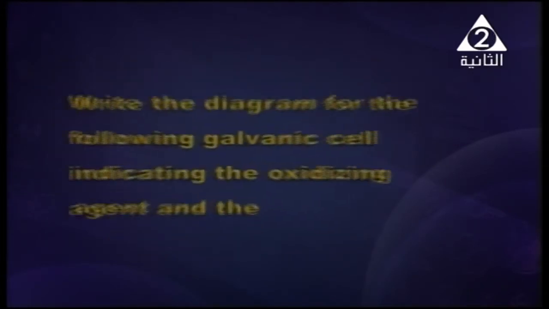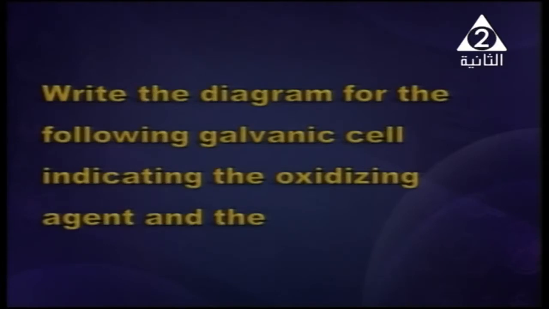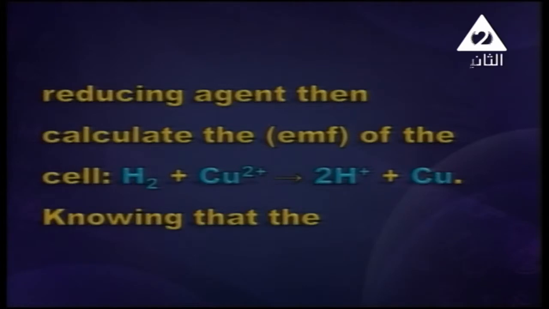Another example. Write the diagram for the following galvanic cell, indicating the oxidizing agent and the reducing agent.